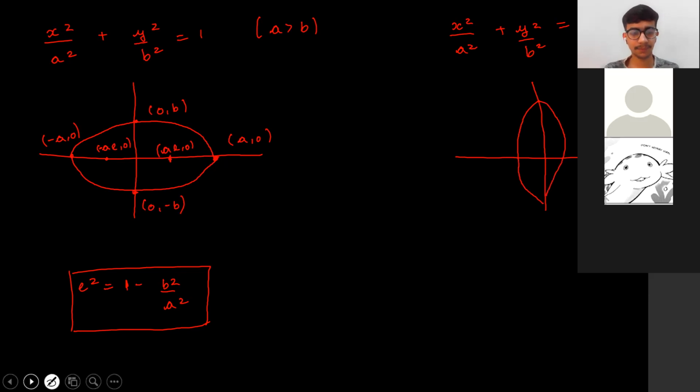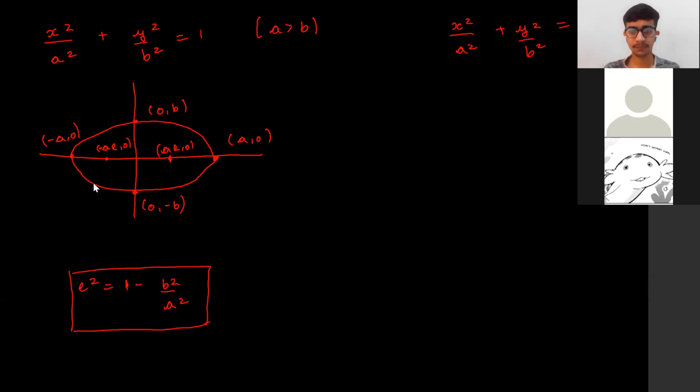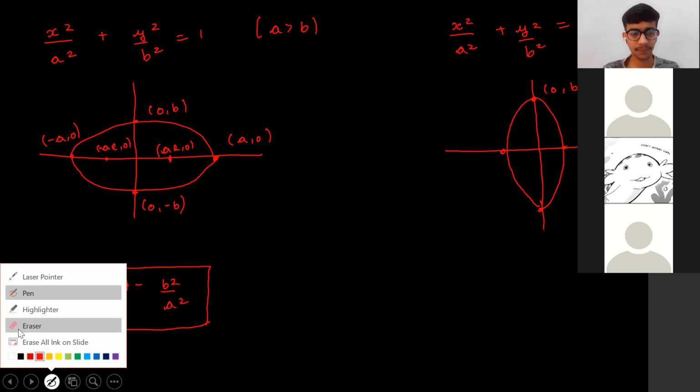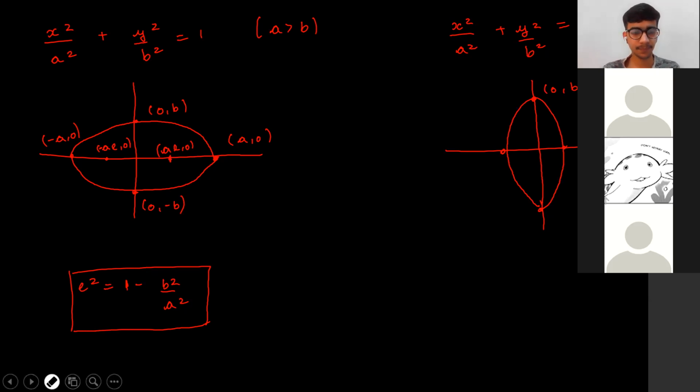So this particular coordinate is 0 comma b, and 0 comma minus b.